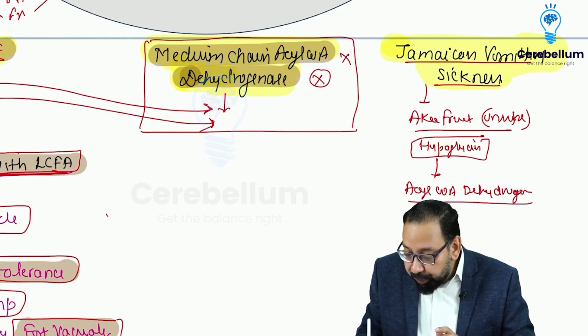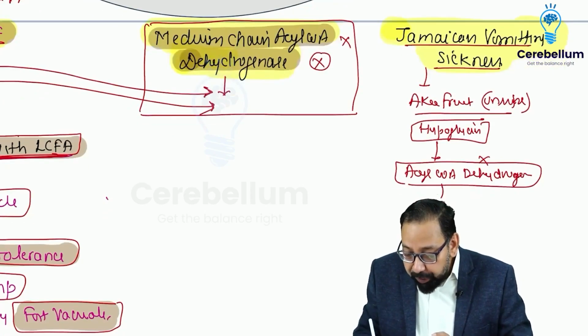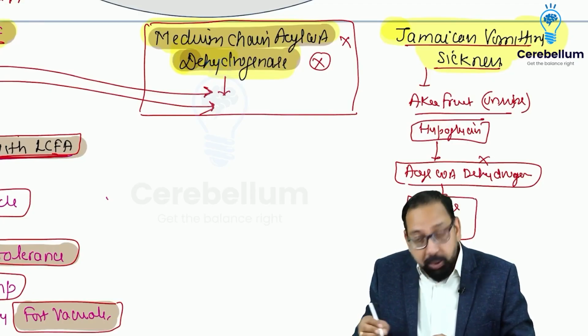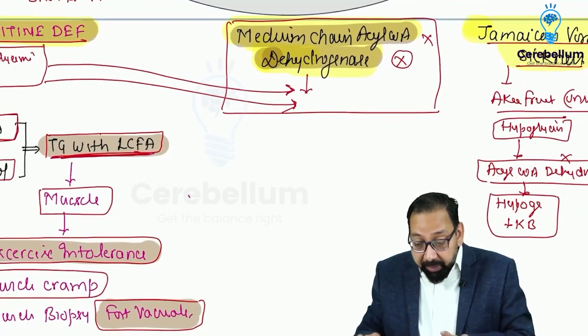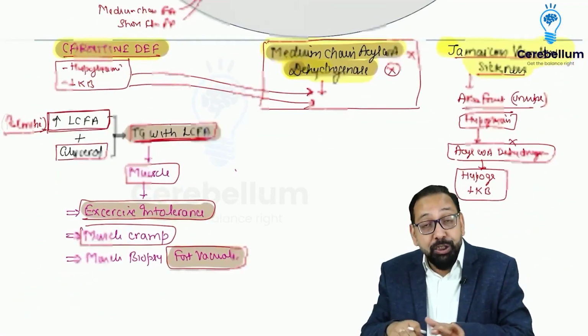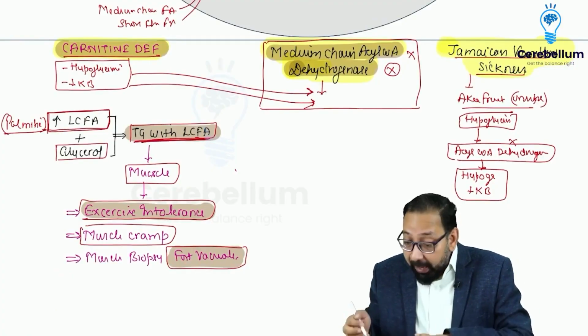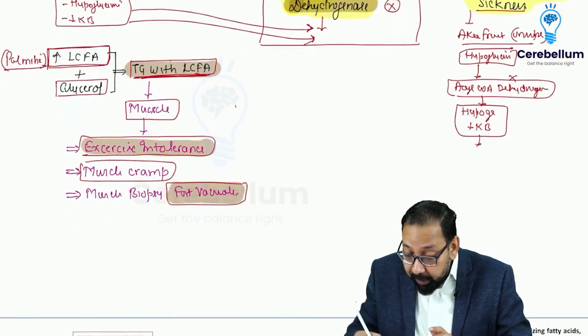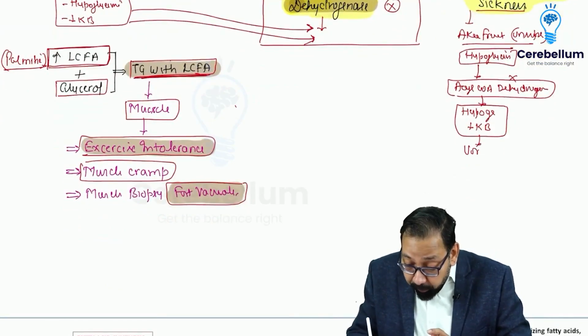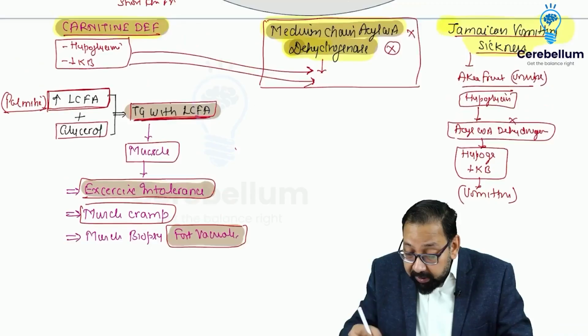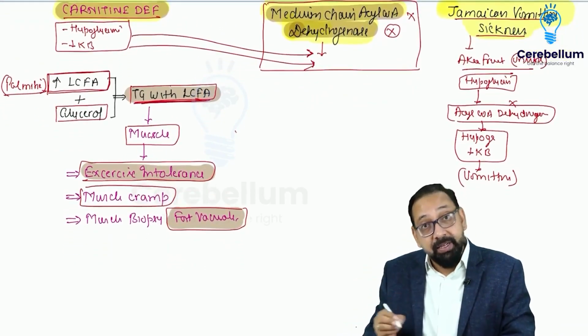Beta oxidation will not occur, and if beta oxidation does not occur, there would be hypoglycemia and decreased ketone bodies. The same scenario: all these three same things are happening. Beta oxidation is not working. That's why hypoglycemia, decreased ketone bodies, and vomiting may occur in this patient, because the name is Jamaican vomiting sickness.